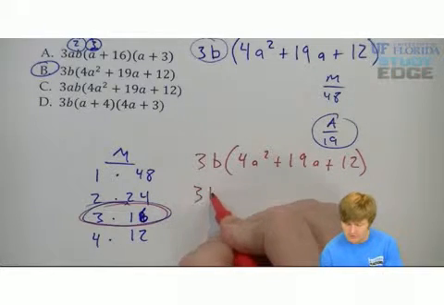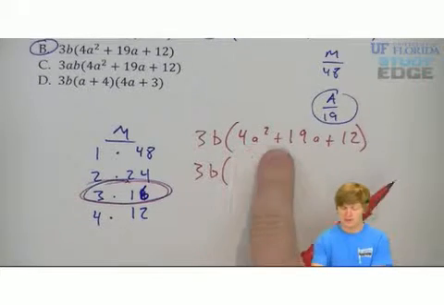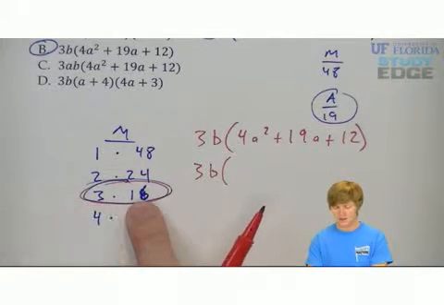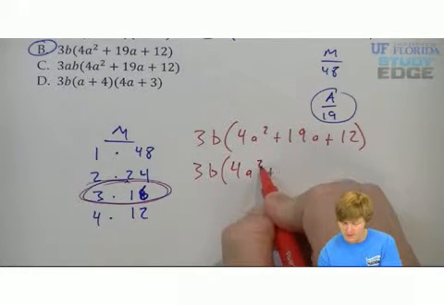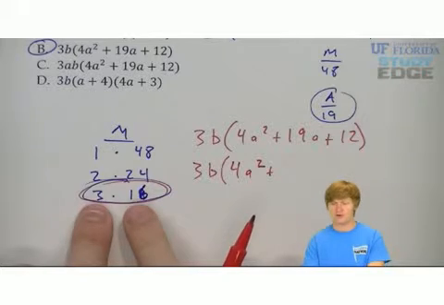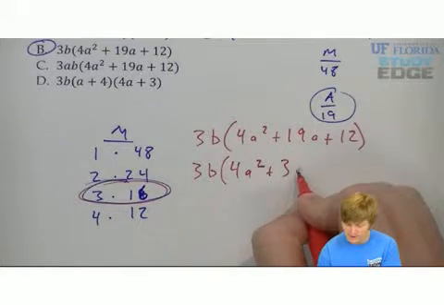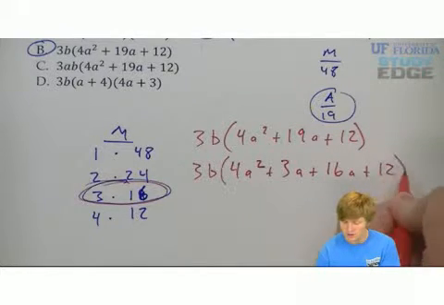So I have 3b, but now I'm going to break up this 19a to be 3a plus 16a. So I have 4a squared, because those two numbers that I needed were 3 and 16, plus 3a plus 16a plus 12.